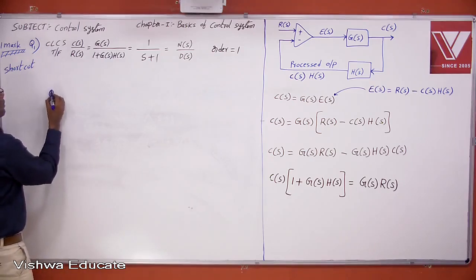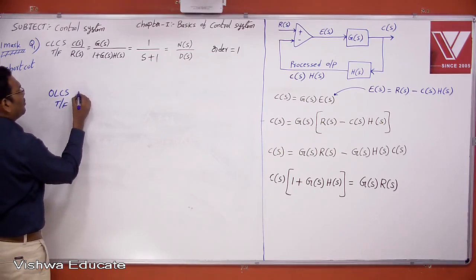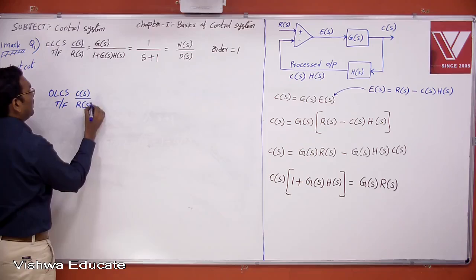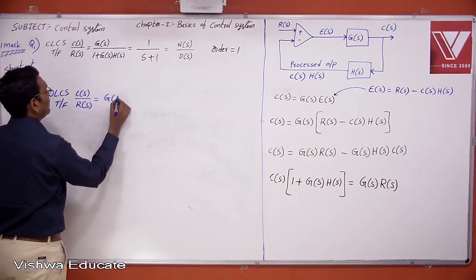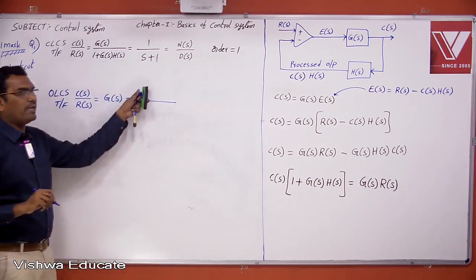I want the open loop control system transfer function. What is the open loop control system transfer function? Only the forward path gain. This also has a numerator and denominator.